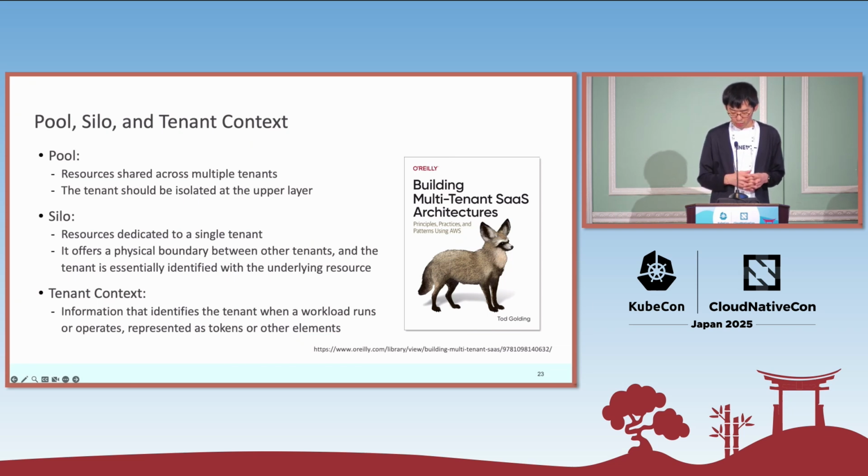In our platform, we use a mixed model of pools and silos according to the trends of resource consumption. And last one, tenant context is how we identify which tenant each operation belongs to using tokens or similar markers. And tenant context is so important in the challenge that I will introduce later.